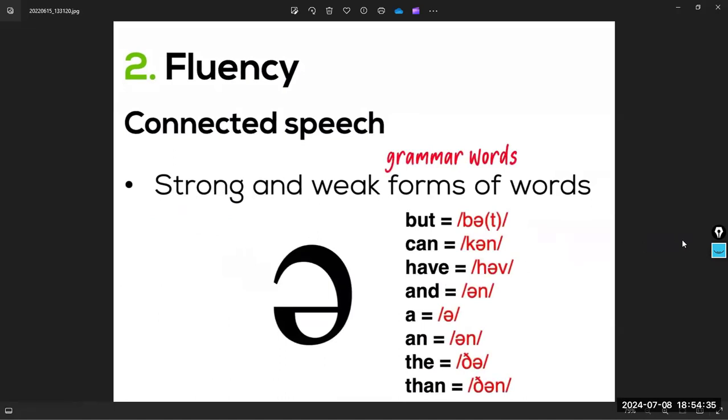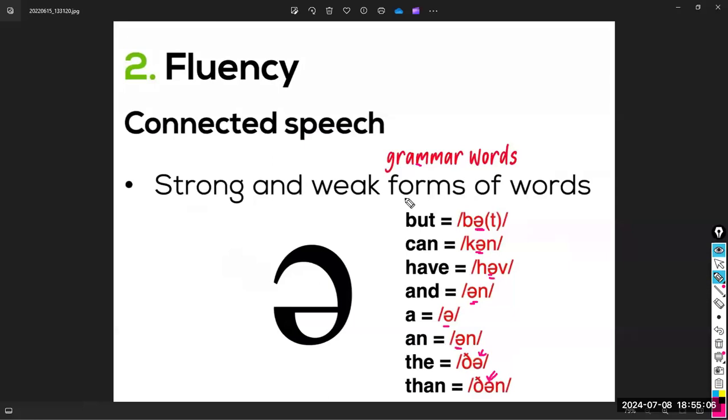Now, the strong and weak forms of words, for example, it's about grammar words. Now, let's take a look at this sound, which is a. So, for example, you have to say but, can, have, and, an, the, this is it, and then.